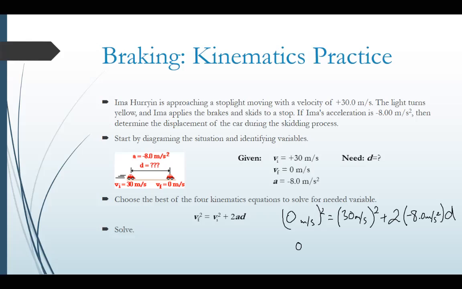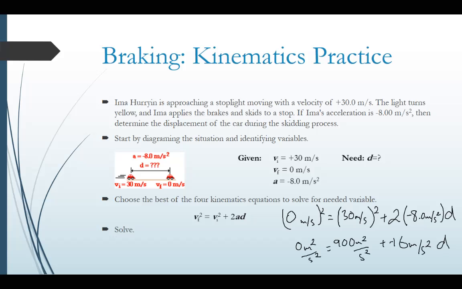So this is going to be 0 meters squared per second squared equals 30 times 30, which is 900 meters squared per second squared. Keep track of your units. Plus 2 times 8 is 16, negative 16 meters per second squared d. All right, so we've got the same units. We're going to move this across.